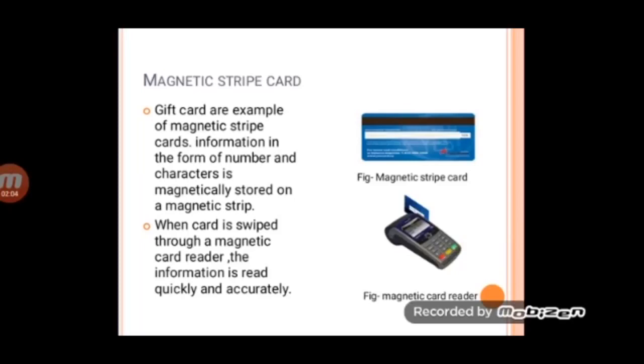A gift card is an example of a magnetic strip card. See the image of the magnetic strip card. Information in the form of numbers and characters is magnetically stored on the magnetic strip. When a card is swiped through a magnetic card reader, the information is read quickly and accurately.